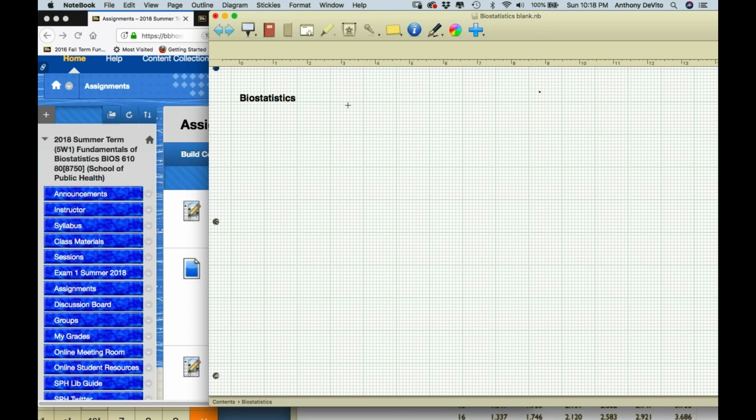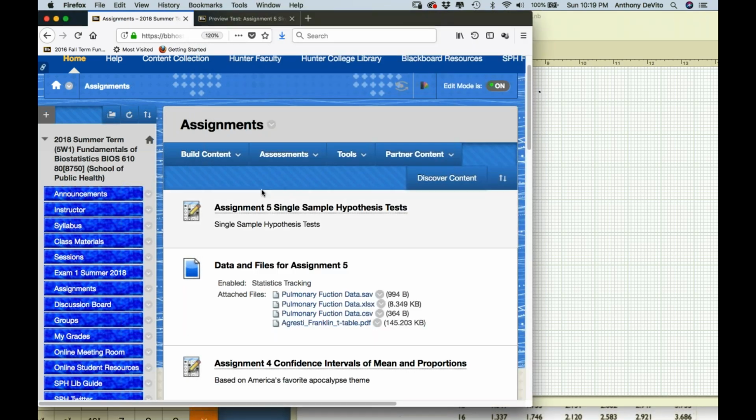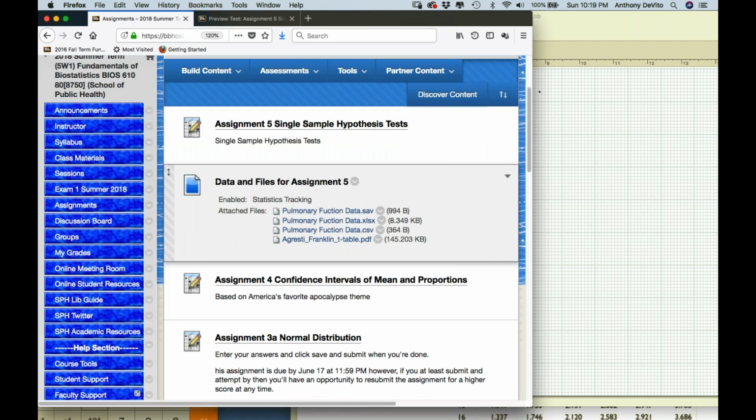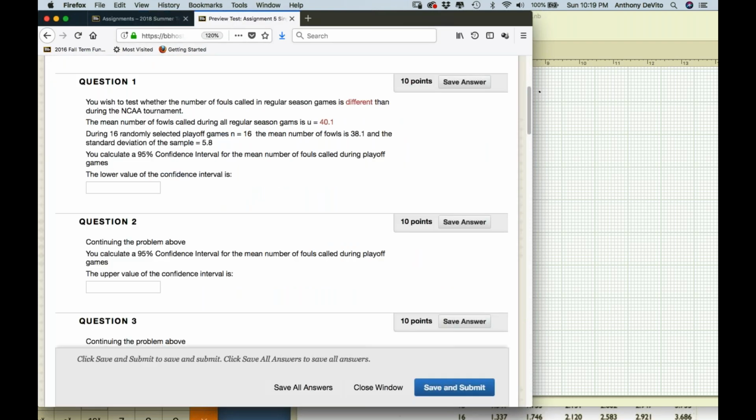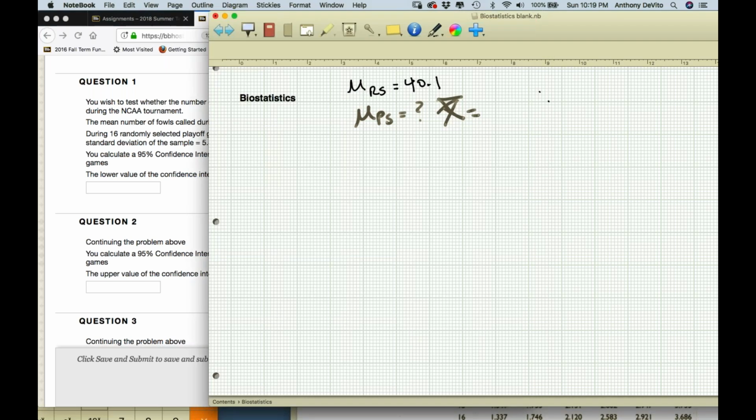Okay, so how would I describe this? I know that mu for the regular season is equal to 40.1. I don't know what mu for the playoff season is, but I do know that x bar for the playoff season is equal to 38.1 with a standard deviation of 5.8.